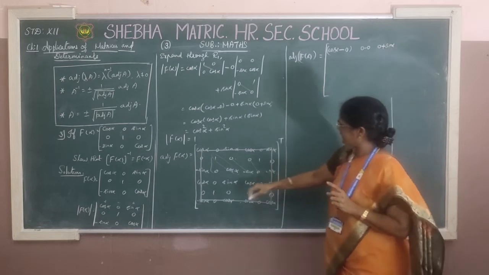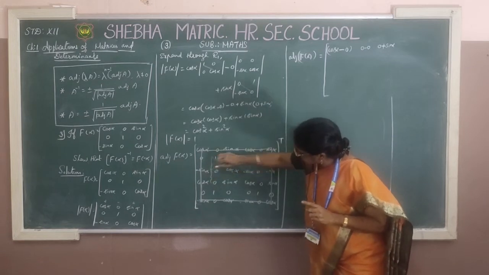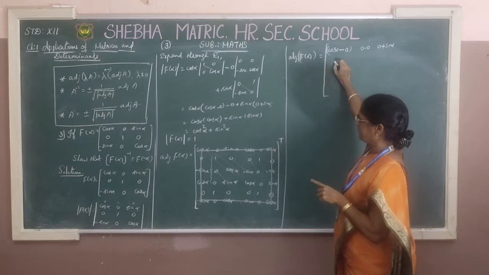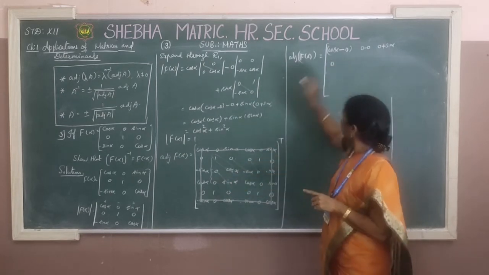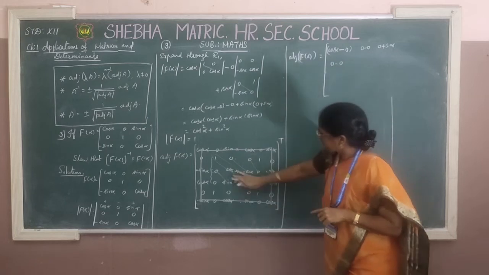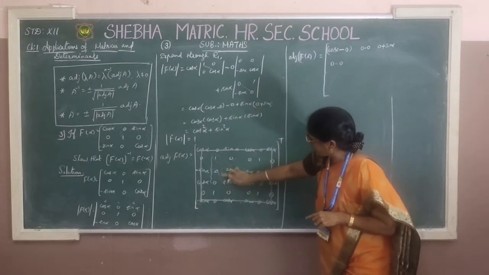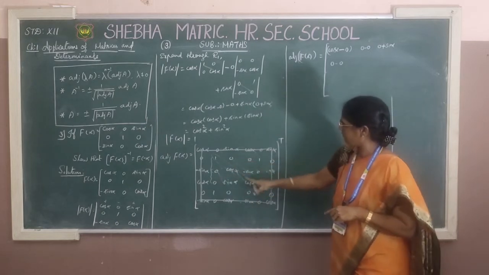Okay, in the next line, first leave this first row, consider second and third. Again multiply main diagonal elements, we get 0 into sin alpha is 0 and again 0 into cos alpha is 0. So, okay. Next consider next 4 elements, these 4 elements, multiply these two, cos alpha into cos alpha.